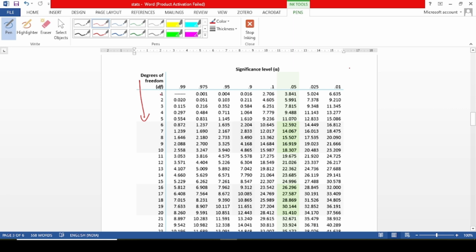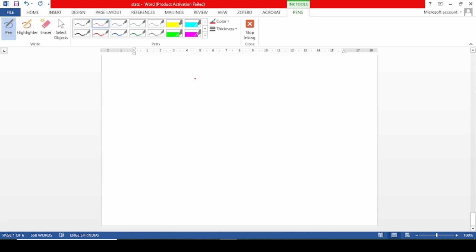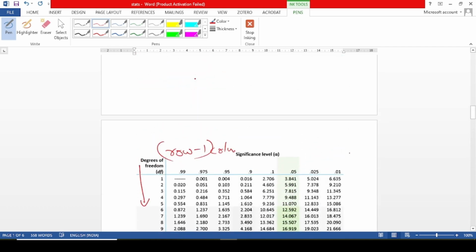Remember that we calculated the product of row minus 1 and column minus 1 to find the degree of freedom. So we had got it as 1. Now we look at this 1.